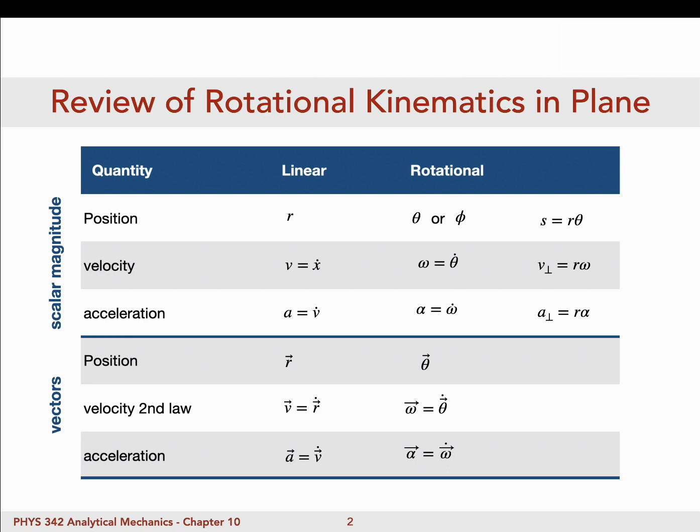Each of these quantities can also be expressed as a vector. So the vector angular position theta, angular velocity omega, or angular acceleration alpha can be thought of as a vector where the vector is directed along the axis of rotation using the right-hand rule.